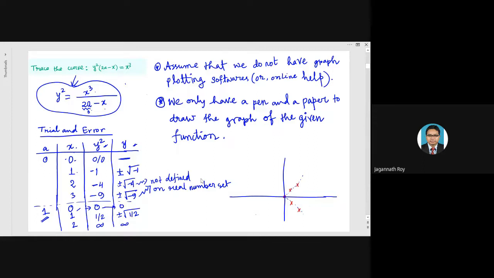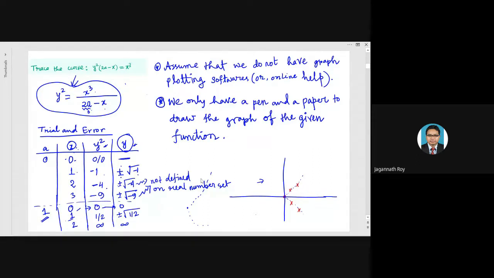Similarly, you try to plot the curve, find the points, and then substitute the points. For example, here, for a given x, you get y squared equal to something, but at the same time the y values will be one positive and one negative.